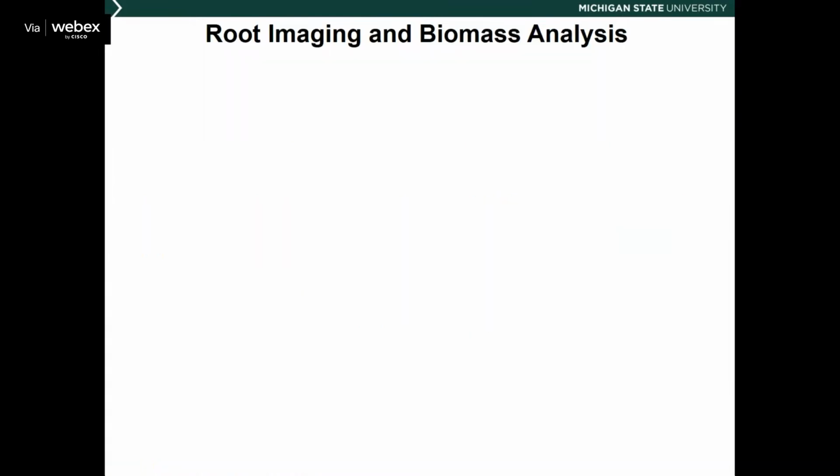So first of all, let me set up the stage by understanding root imaging. As I said, it is important for plant phenotyping, and what biomass analysis is, and how we can use our NDE inversion or inverse problems to understand the biomass analysis.